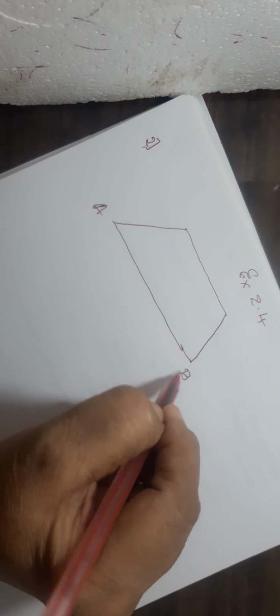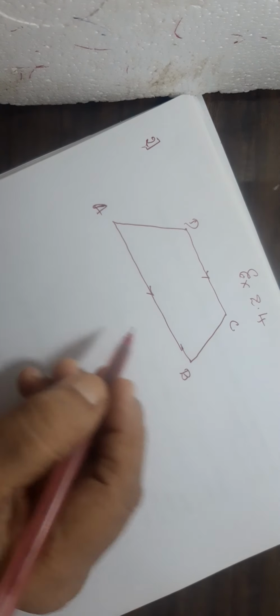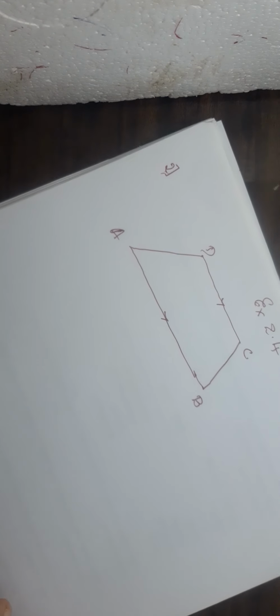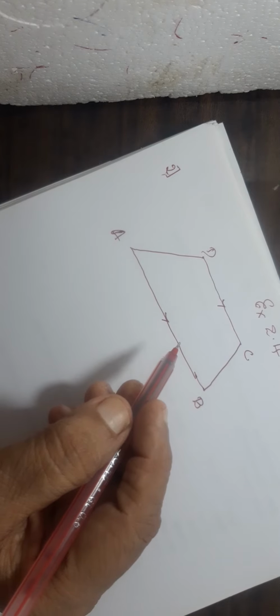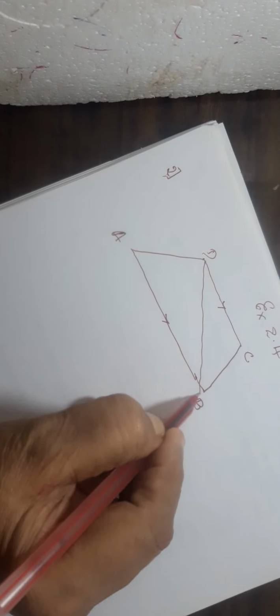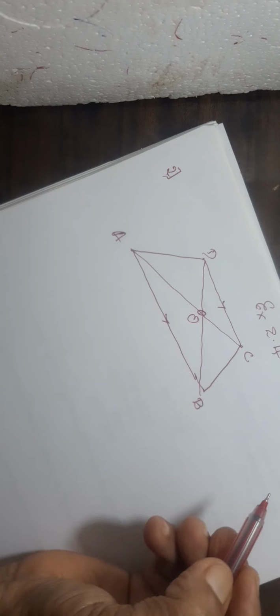Trapezium ABCD, where AB is parallel to DC. I have drawn the figure. The diagonals of a trapezium intersect each other, so we draw the diagonals like this, and they intersect here.